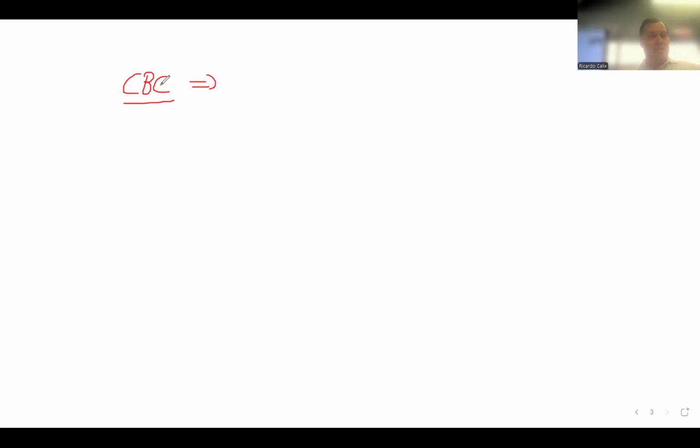So CBC stands for cipher block chaining. Again, the process: the plain text is going to be divided into blocks, and each block is XORed with the previous block to get the ciphertext block. So that's essentially the key.